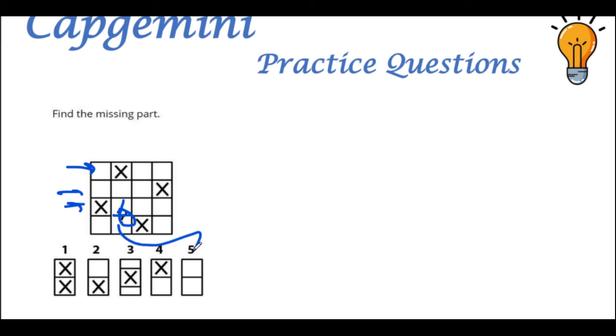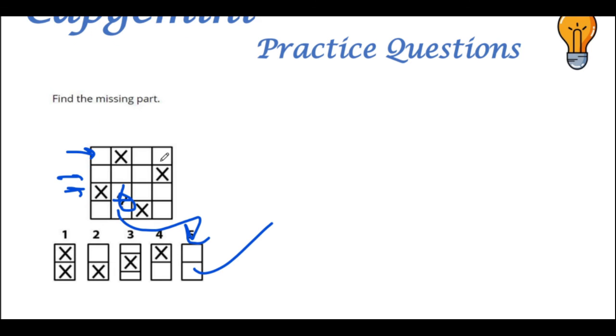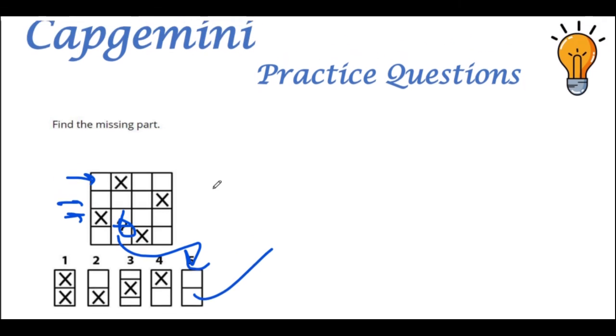So from this I think the fifth is the correct option, because each row and each column contains only a single cross. If we choose any other option, it will make more than one cross in either a row or column, so that will not be the correct option.